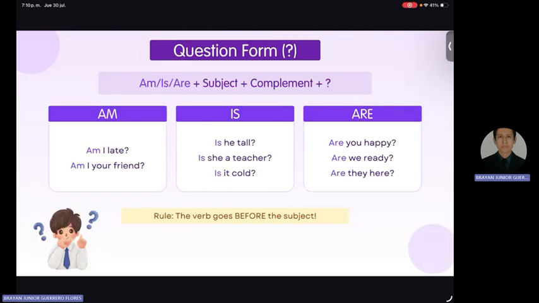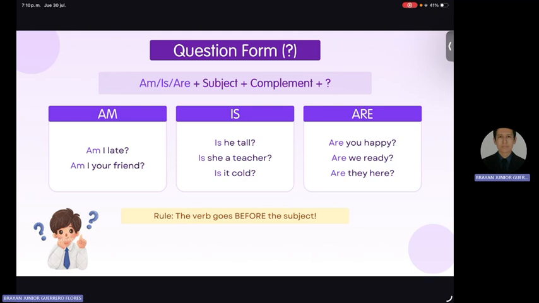Excellent. Now we saw positive and negative. Now we're going to see questions. Okay? Questions are not the same as the positive or negative way; you have to change the position. Remember that in affirmative and negative you start with the subject and after that you use the verb to be. Now, in the question, you have to change the position.